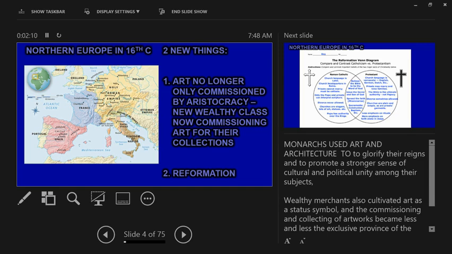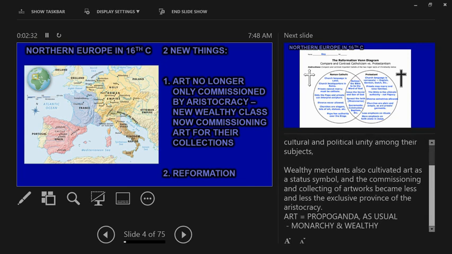And the other thing that's going on is the Reformation. All right, listen to this. Monarchs, which is kings and queens and stuff, use their art and architecture to glorify their reigns and to promote a stronger sense of cultural and political unity among their subjects.